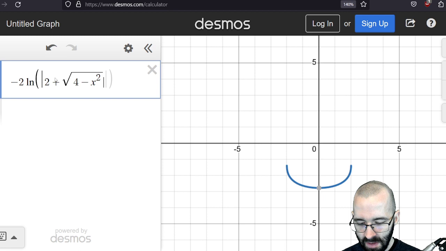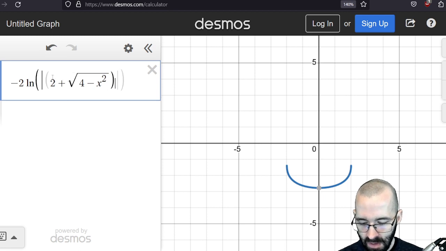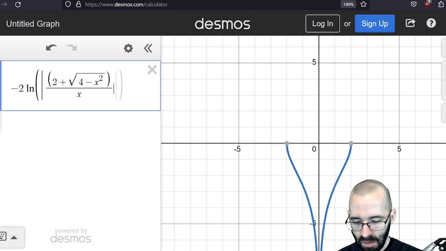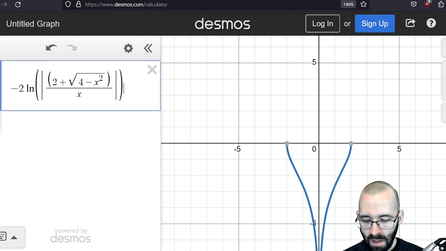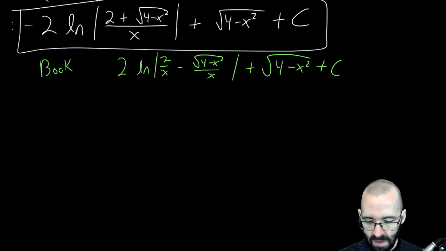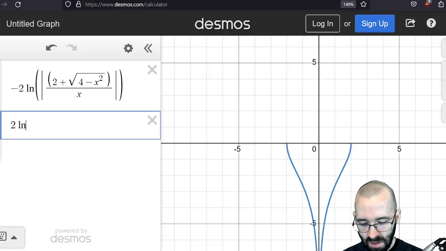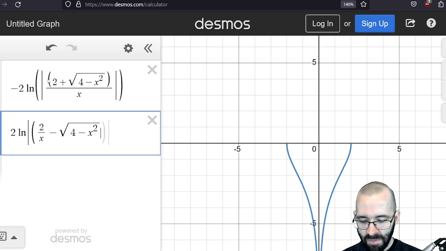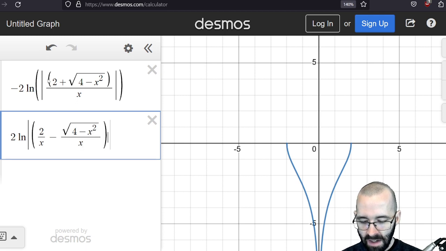Dang it. And the book has 2 times natural log of the absolute value of 2 over x minus square root of 4 minus x squared over x.